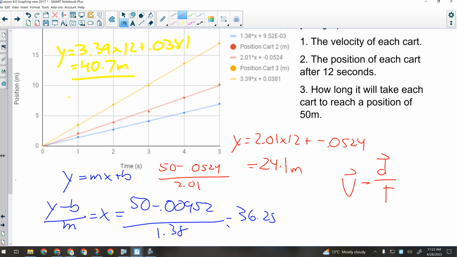So when we calculate the slope of one of these lines, what we're doing is we are taking y minus b. This is a position, and this is a position, and we're dividing it by x. Well, what's on the x-axis? Time. So I'm taking y, which is my final position, subtracting b, which is my position at time 0, or my initial position, and dividing it by time.